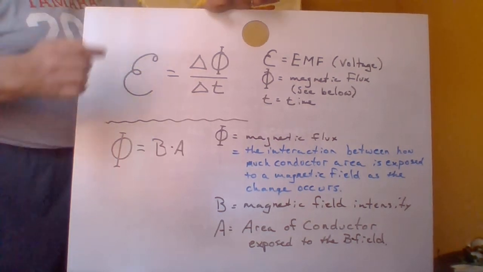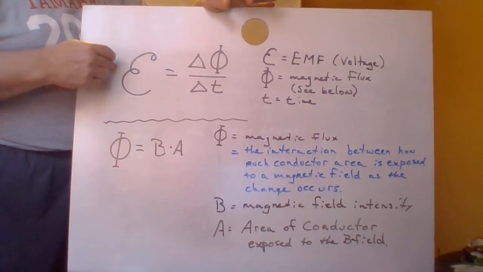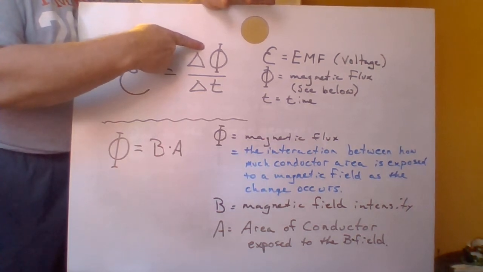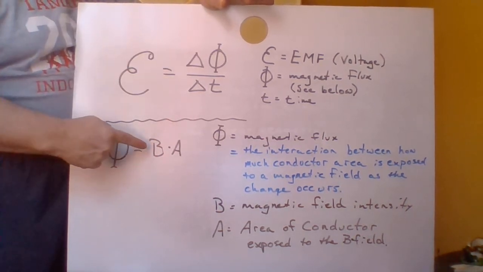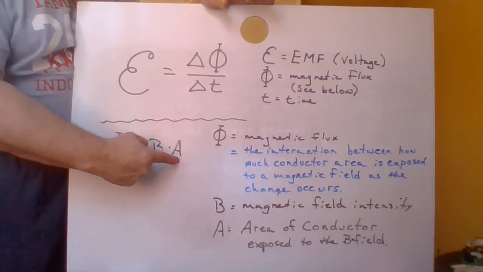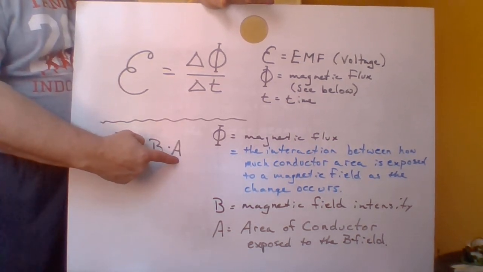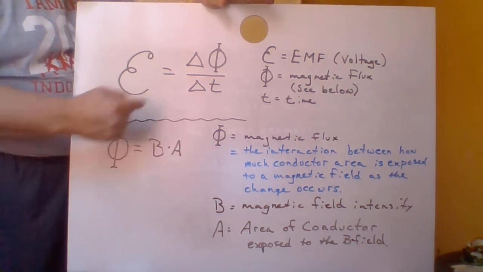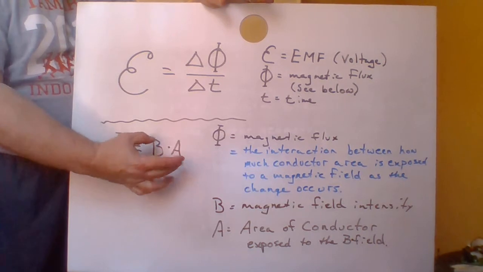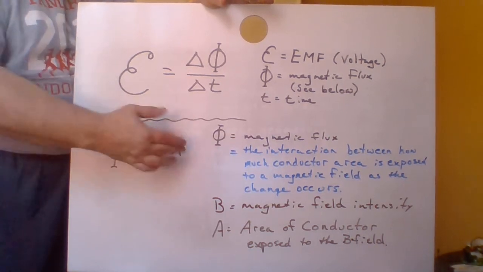Okay? So, EMF, voltage, is equal to the change in the flux. And the flux is dependent on the field intensity and the area exposed. Obviously, if you loop 2 wires, this becomes double. You loop it a third time, this becomes triple. You loop it a fourth time, so on and so forth.